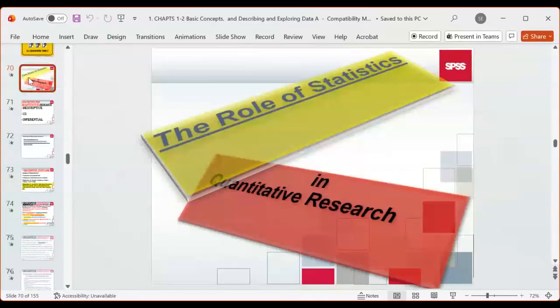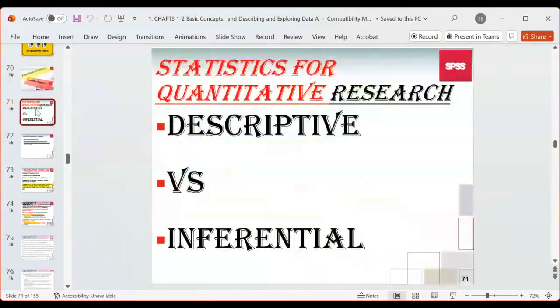Again, we're dealing with quantitative research. The role of statistics in quantitative research: you need to know the difference between descriptive and inferential statistics. We already talked about inferential statistics. It's all about numbers. It's about drawing conclusions from your sample.